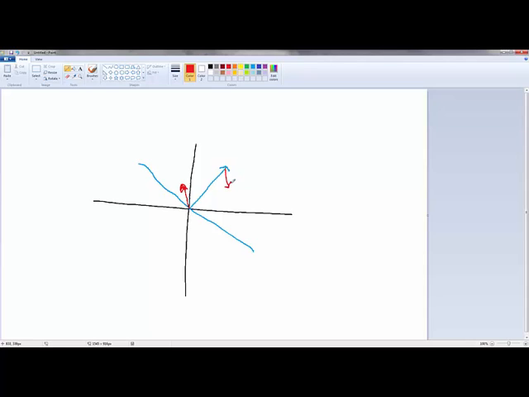So we're going to push the weight vector away from that point. That's going to give us a new weight vector and a new decision boundary, which is going to look like this. And as you can see, by moving the weight vector away from this negative point, we are now more likely to classify this point as negative. So that's kind of the idea behind adding a feature vector or subtracting a feature vector from our weight vector.